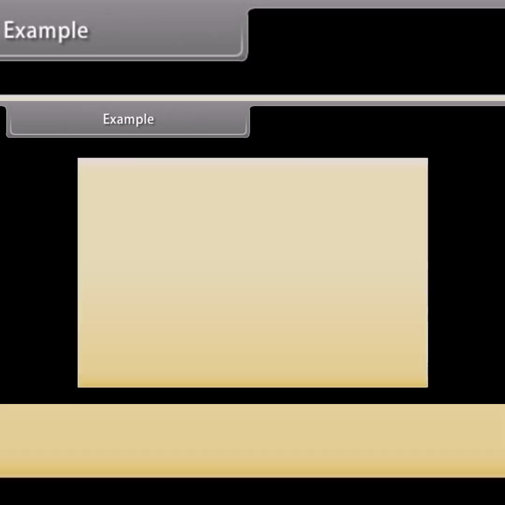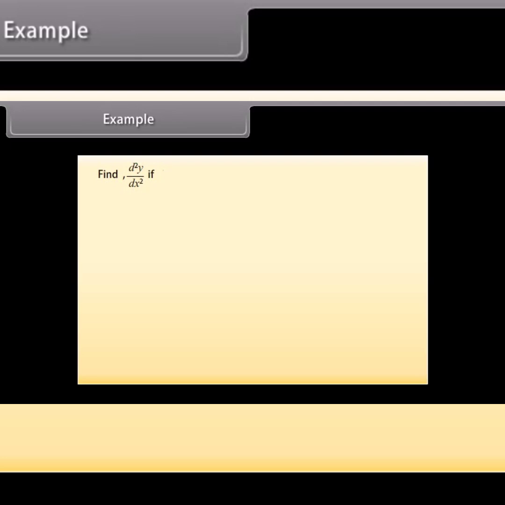Example. Find d2y by dx square if y is equal to x cube plus 5x square plus 19. Solution. We have y is equal to x cube plus 5x square plus 19.